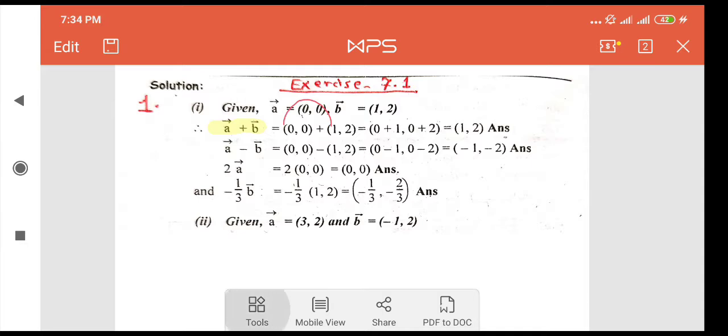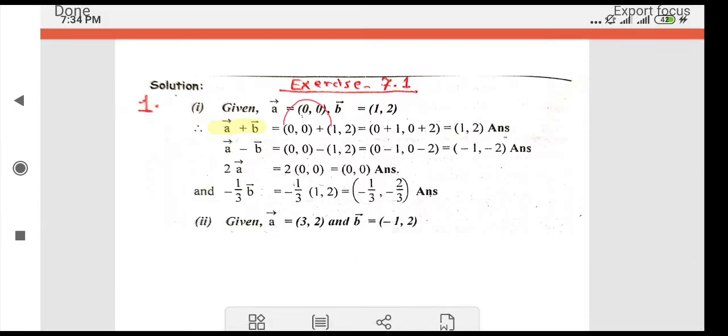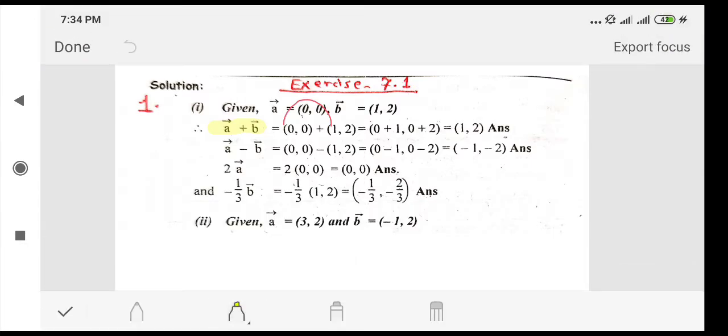So 0 plus 1 comma 0 plus 2, which will be 1 and 2. So a plus b will be 1 comma 2. Hope you are getting the clear concept.